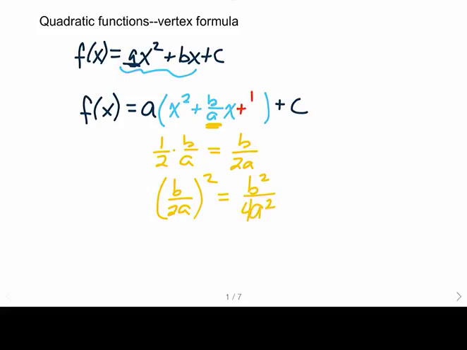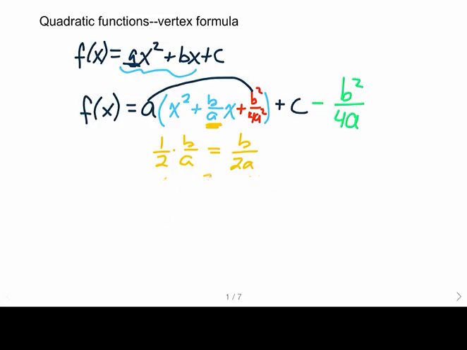That's what we add inside the parentheses to complete the square on x, but then remember we would consider, what did we really add? We really added b² over 4a, because when we distribute that a, one of the factors of a divides out. How do we offset adding b² over 4a? We subtract b² over 4a, and now we've ultimately added 0.